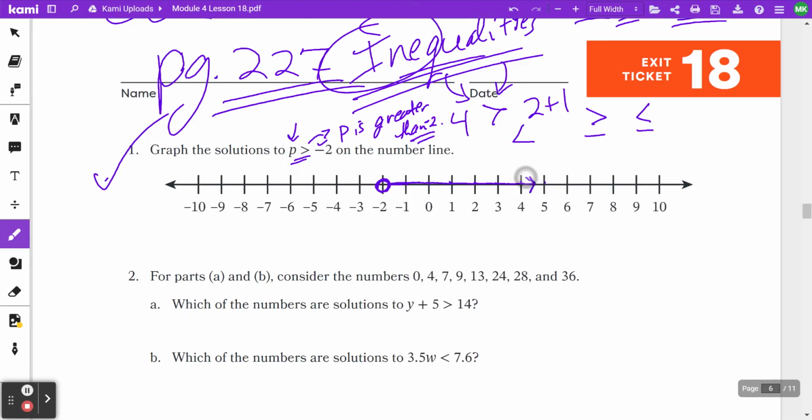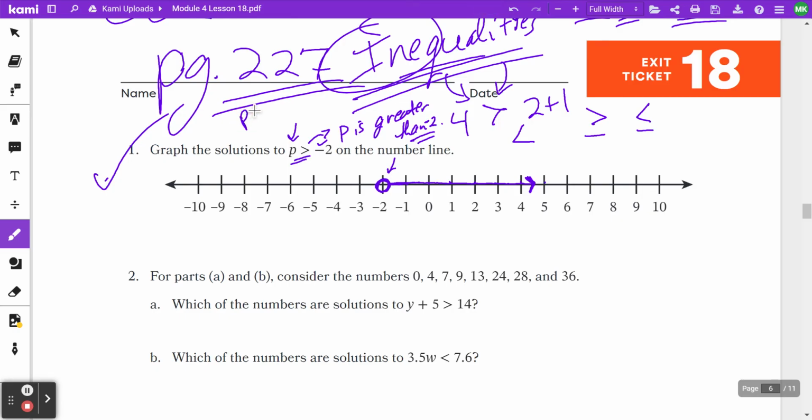So we just draw an arrow, also known as a ray, to the right of -2. Once again, notice that -2 is an empty circle because we are not including -2.